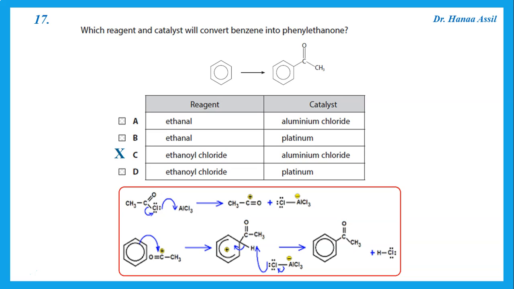That's my reagent. The catalyst in all of these cases is aluminium chloride, because the aluminium chloride will accept electrons and take the chlorine away from the ethanoyl chloride, so that carbon becomes a positively charged carbon, while the aluminium now has 4 chlorines, so it has a negative charge. What happens in any electrophilic substitution reaction of benzene is that the electrons from the benzene attack the positively charged species, which we call an electrophile.